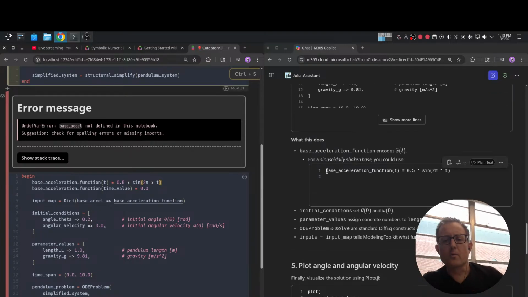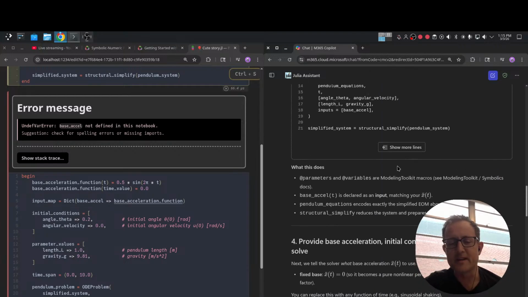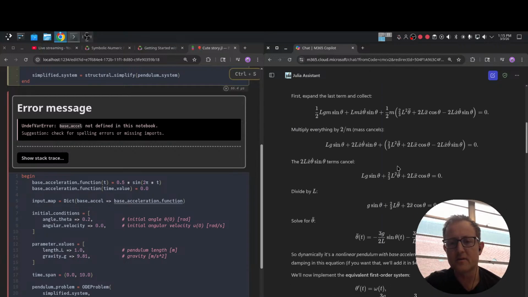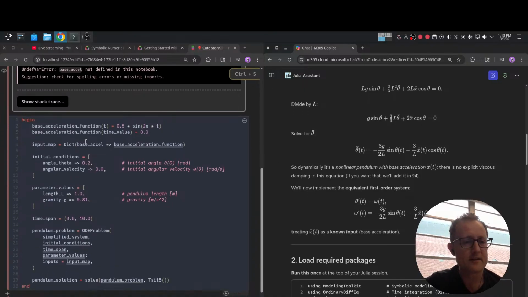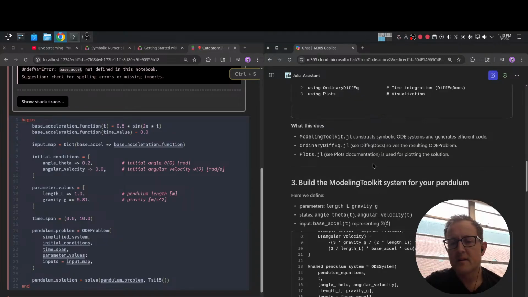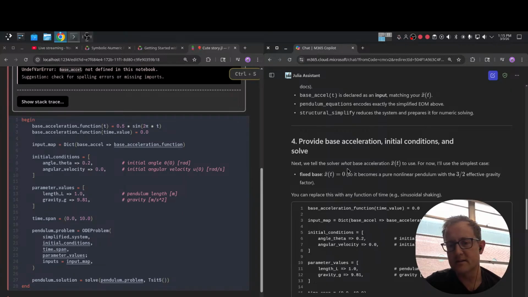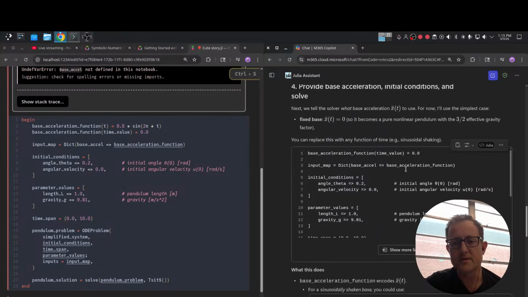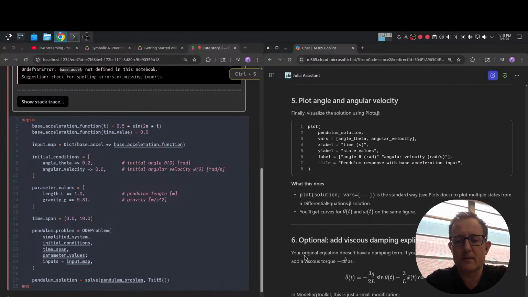So what Copilot did on our behalf without actually telling us, I mean, it explained it, but it also gave a whole bunch of, like, an info dump of stuff, was assuming that we could control what the base acceleration is, which I don't like. I didn't want that.